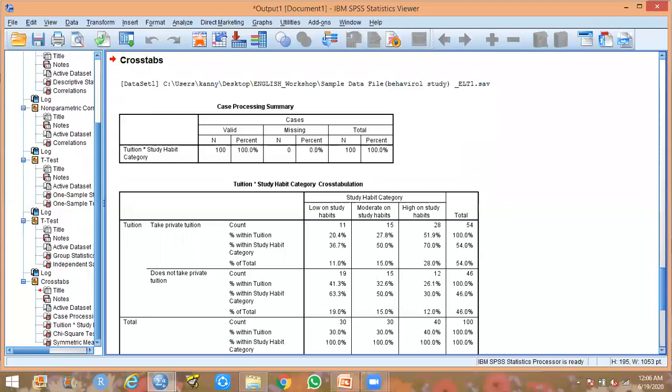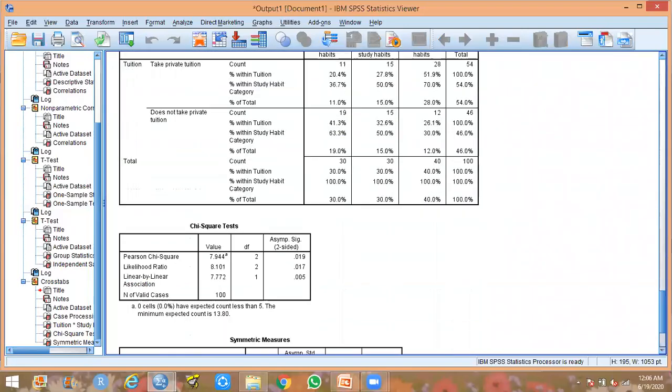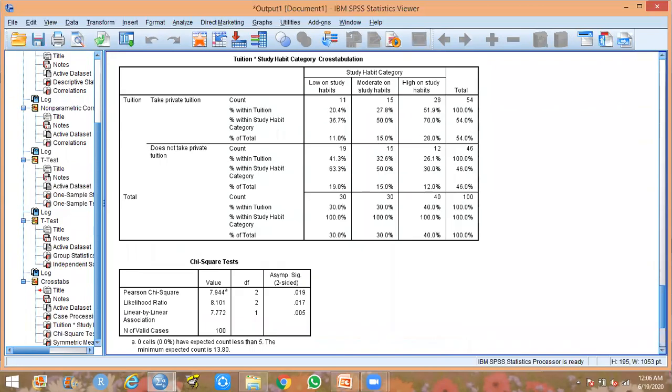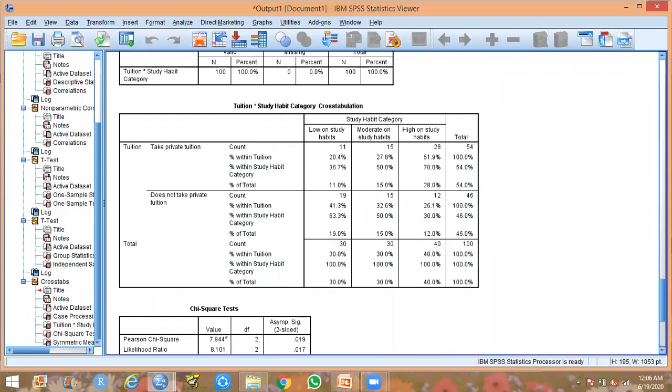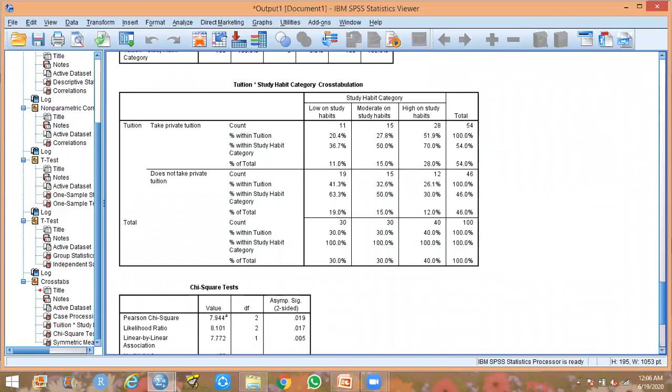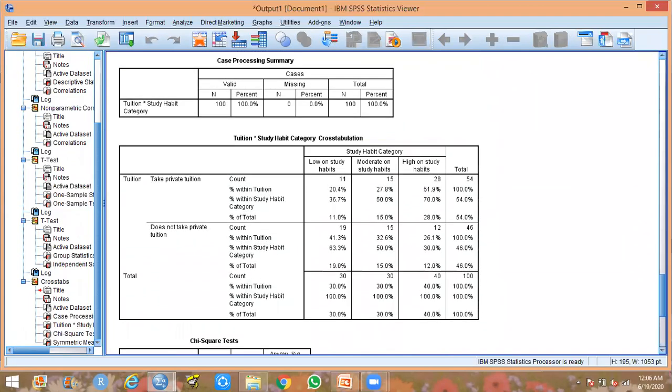Now you can have the output for your data set, that is the relationship between the two categorical variables, taking private tuition and study habit category. Please try to understand the cross tabulation analysis between taking private tuition and study habit category.